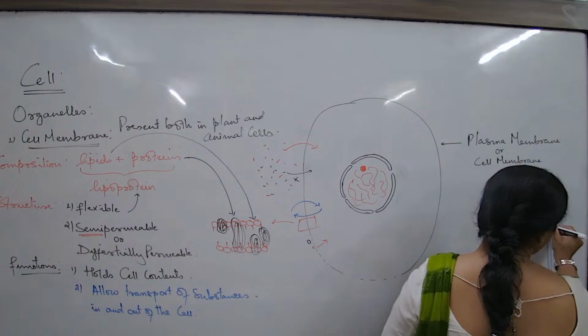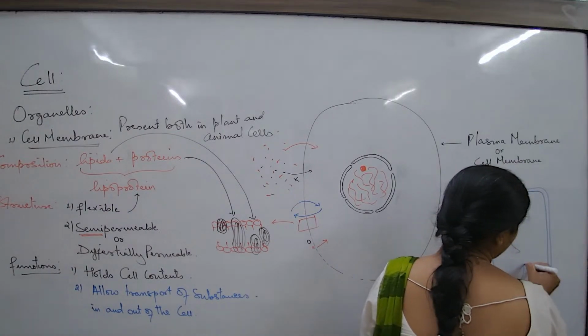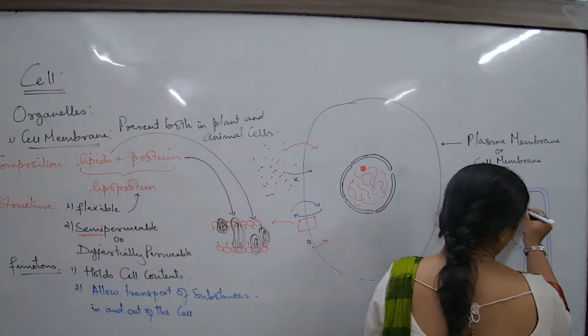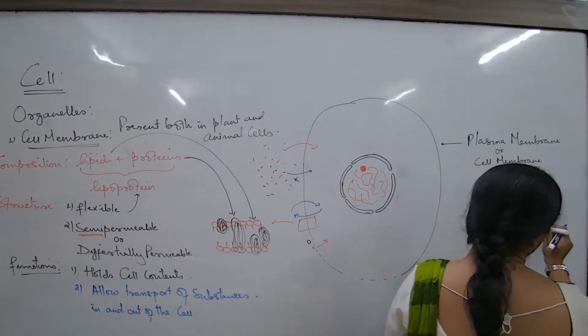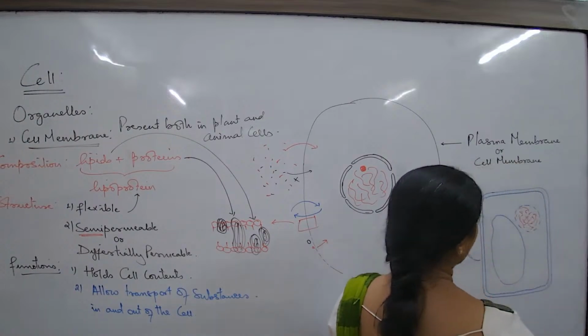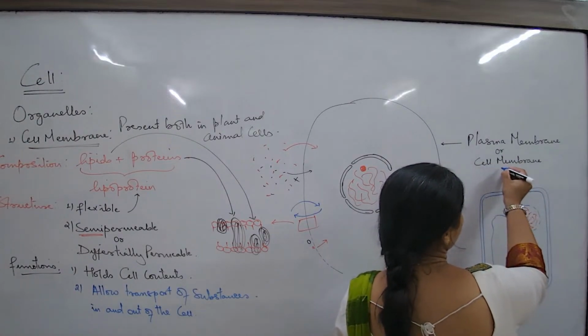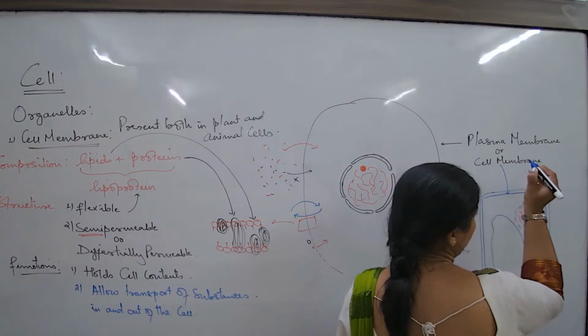If this is the plant cell, this is the big vacuole, this is the nuclear region. Where would be the plasma membrane? In the plant cell, this is the plasma membrane.